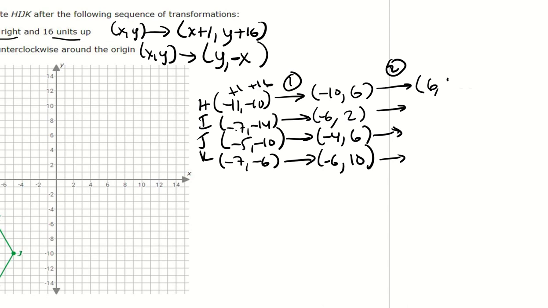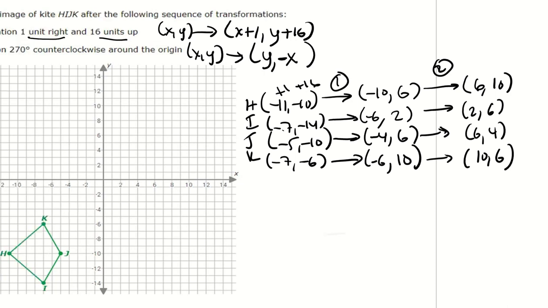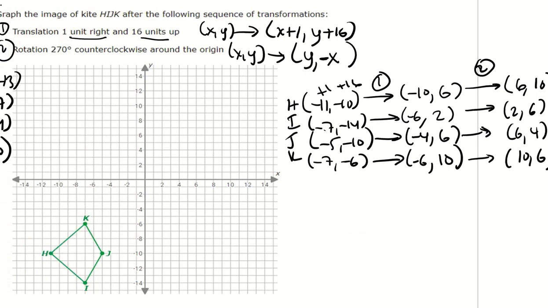So therefore, it becomes 6, 10. I'm going to keep going and apply that rule, and I get these coordinates. So those are my coordinates, so make sure to go ahead and graph them and get your answer.